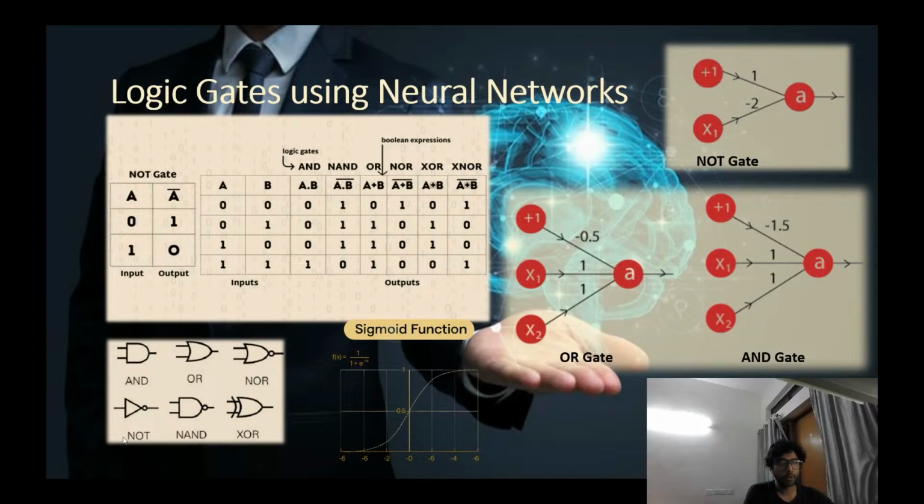So let me start with the very basics of logic gates and their applications here. Those from an electronics or electrical background would know Boolean algebra, which is heavily used in electronic circuits and many other places. We'll see how they are relevant in the neural network context.